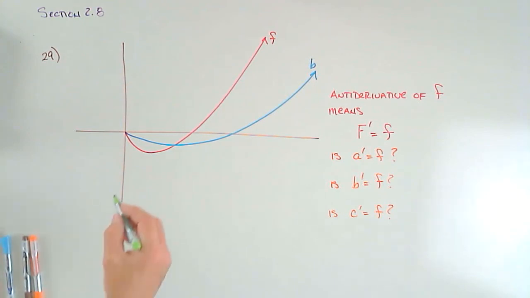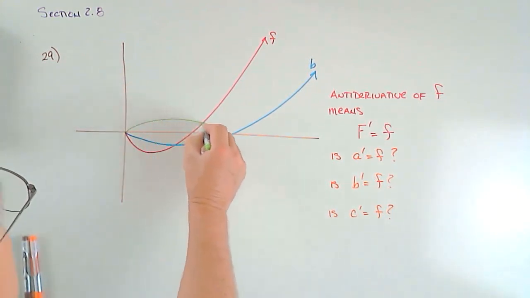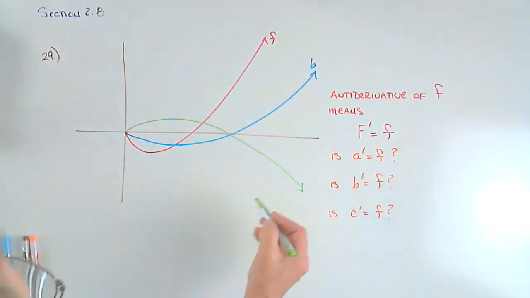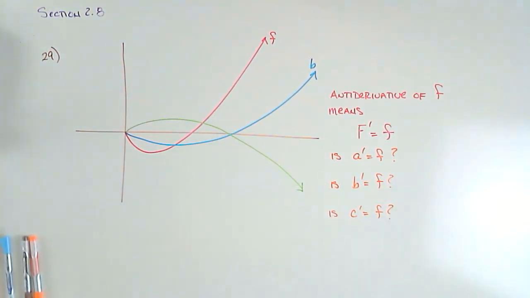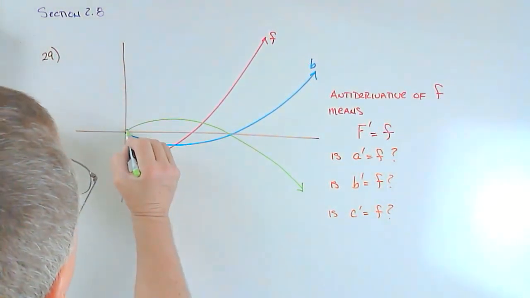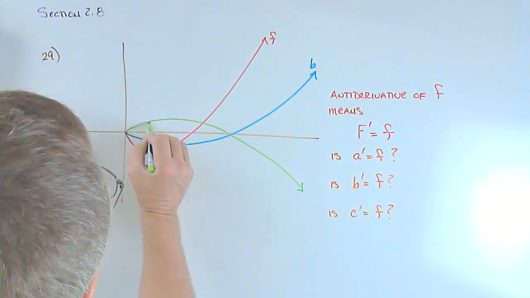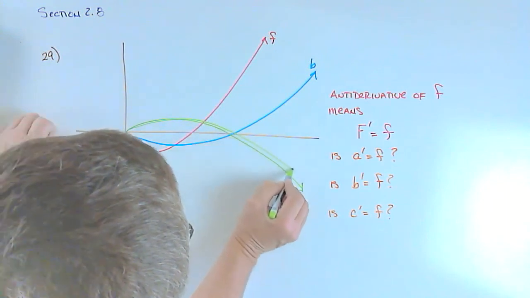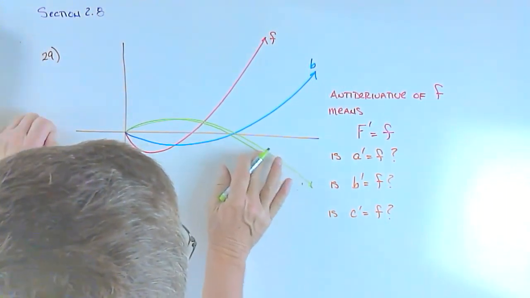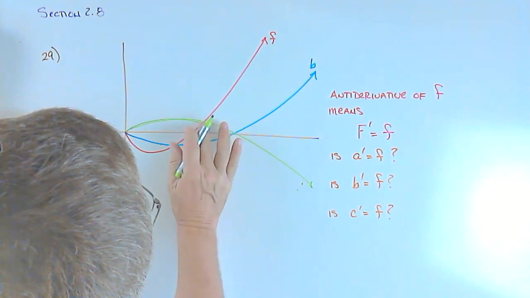The graph of C goes like this. So they want to know, is the derivative of C equal to F? Sorry, my graph of C was a little bit off.